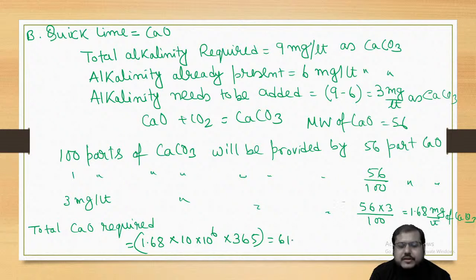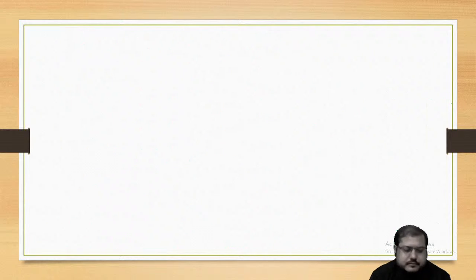So it's 6132 into 10 to the power 6 milligram per year. So this 10 to the power 6 milligram per year is considered as the unit. So your final answer will be 6132. Check it out.